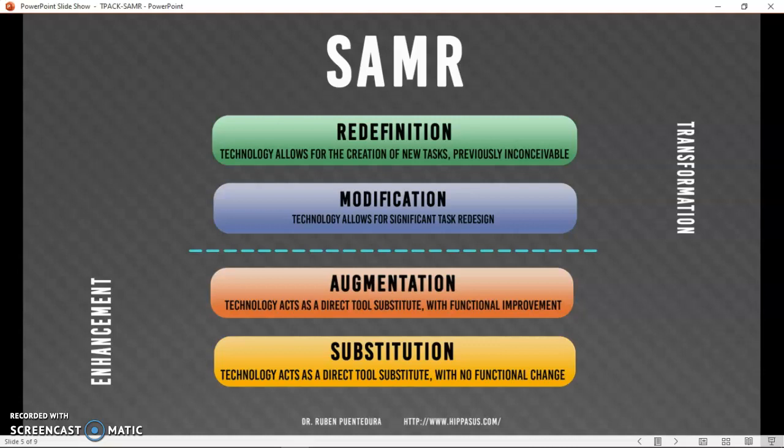Another example of the SAMR model for journal writing would be to have a student typing journal entries in the substitution level. The task and the work are the same. The work is just done on technology. In the augmentation level, a student would use assistive technology to assist in the writing.